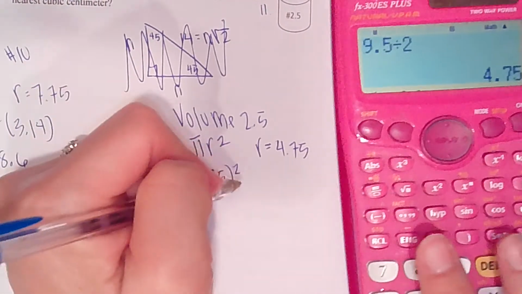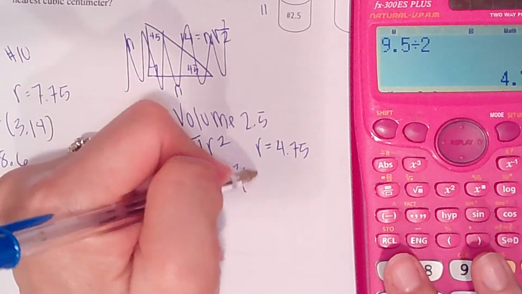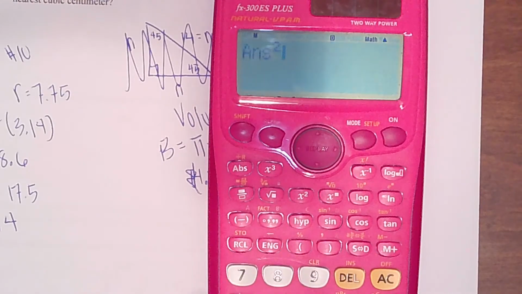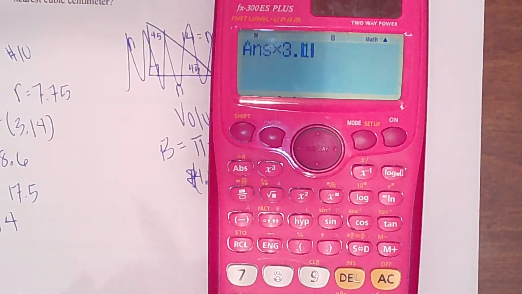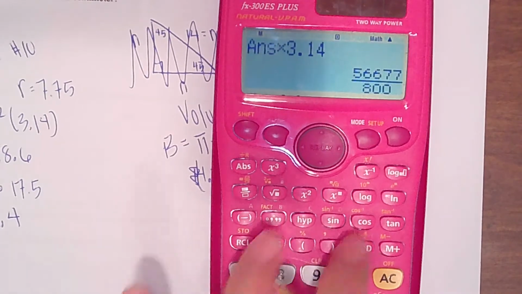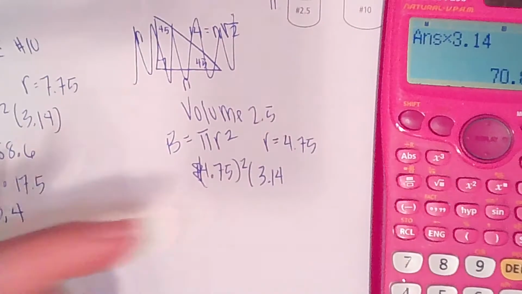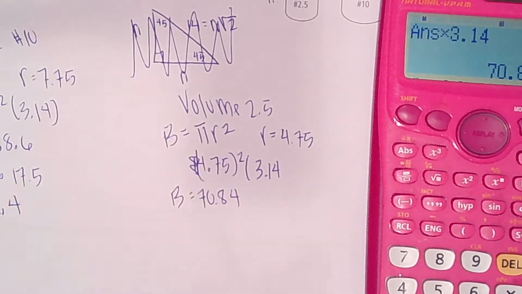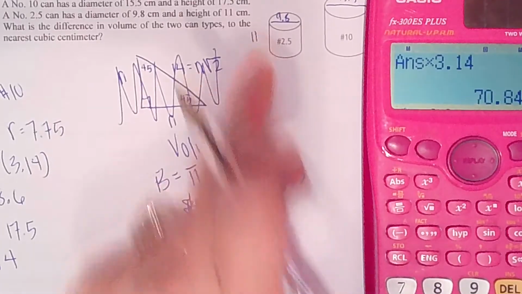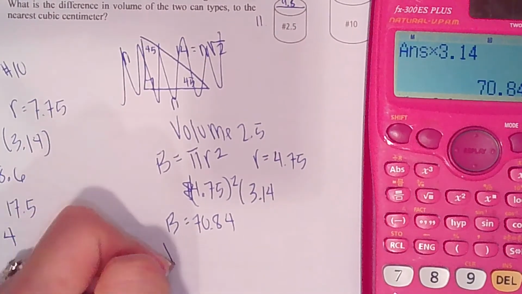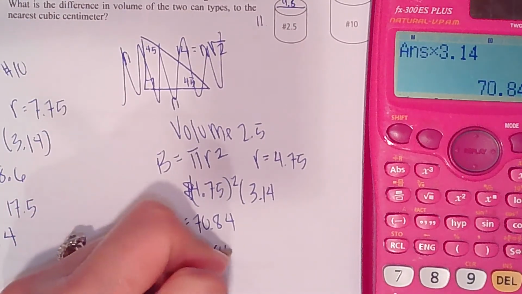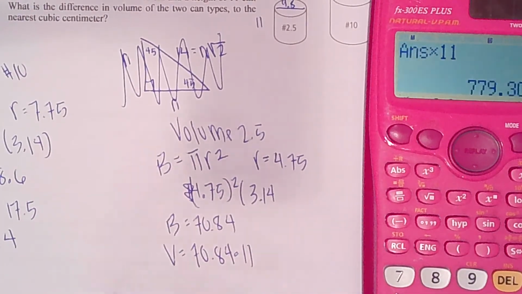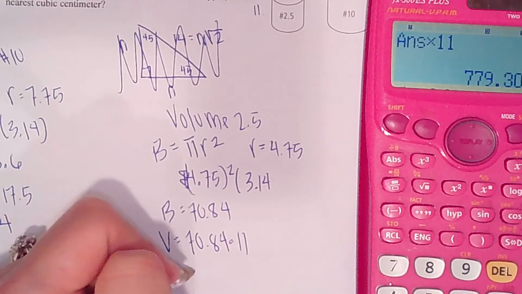I'm going to square it, and I'm going to multiply it by 3.14. Enter. I will get the area of my base here, big B, to be equal to 70.84. Now I need to multiply it by the height, which is equal to 11. Times 11. And I will get about 779.3.